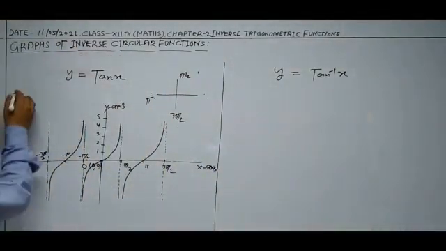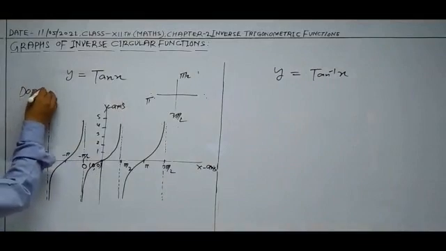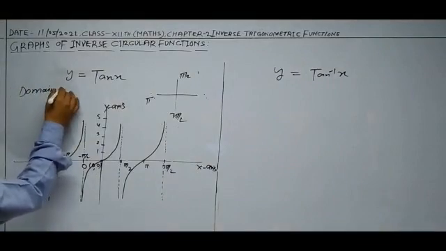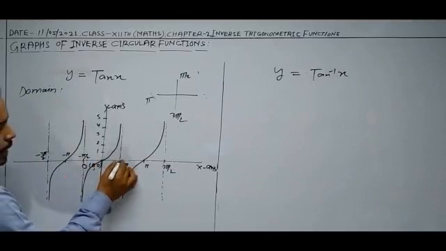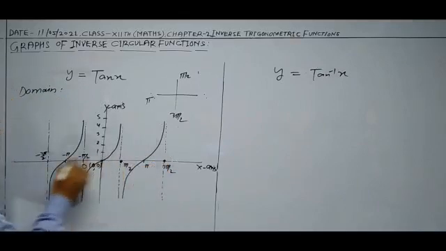Now see the domain of tan x. The domain is on the x-axis, but x equal to 90 degree, 3 pi by 2, is not defined.